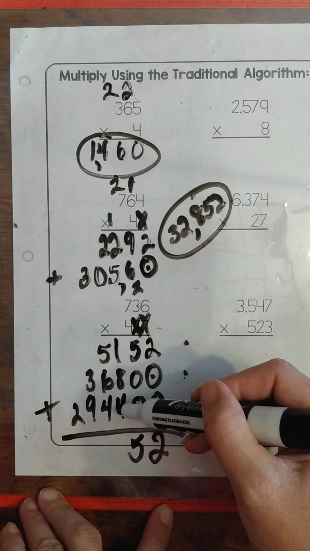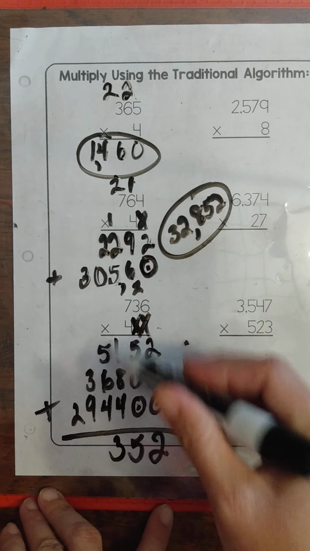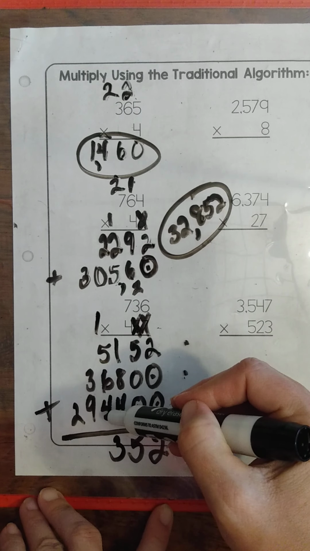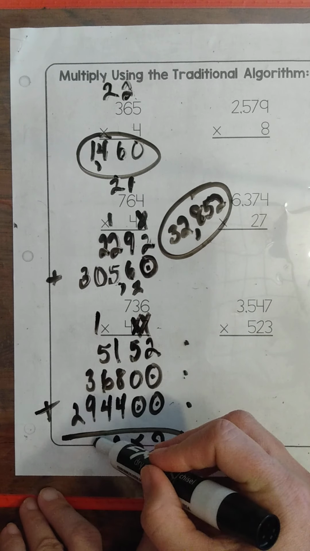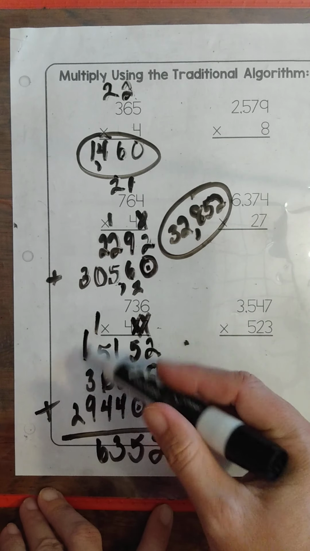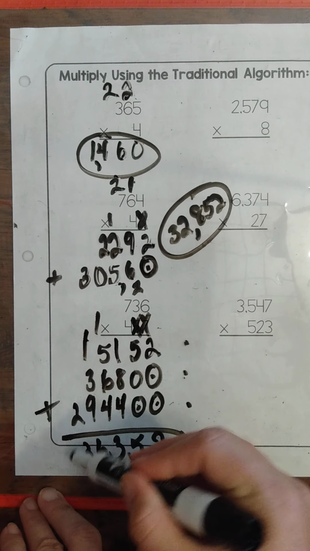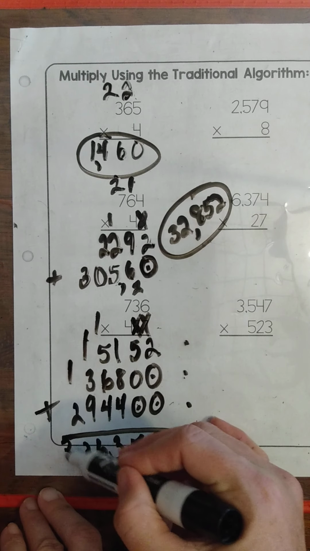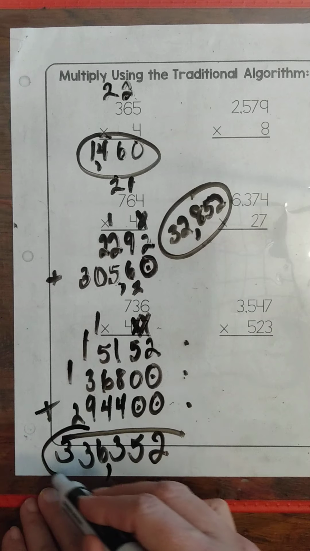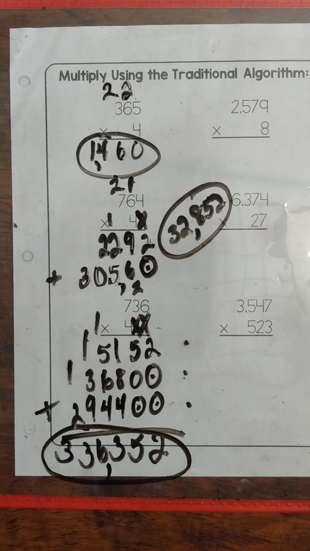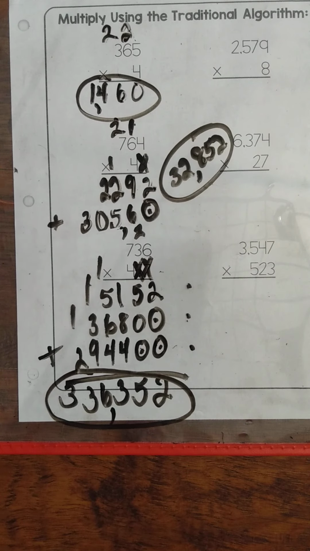I'm going to do 8 plus 4 is 12, 13, 10, 16, 9, 10, 13, and 3. So I get 336,352. Again, this is the traditional method used to multiply whole numbers.